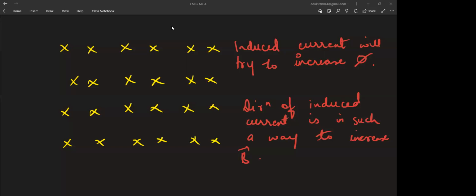Yes, so see, there are two cases that we will see. First is, suppose this is a loop and this is entering the magnetic field.